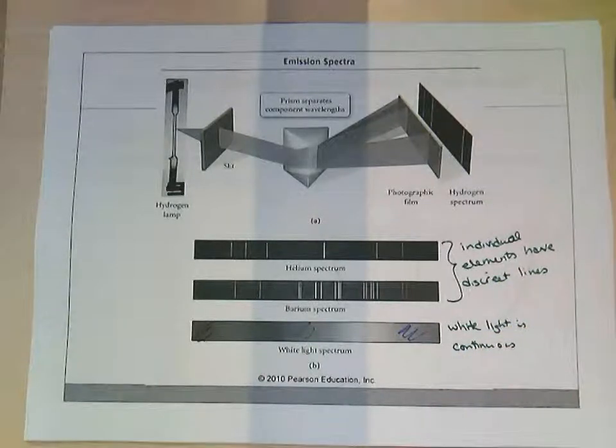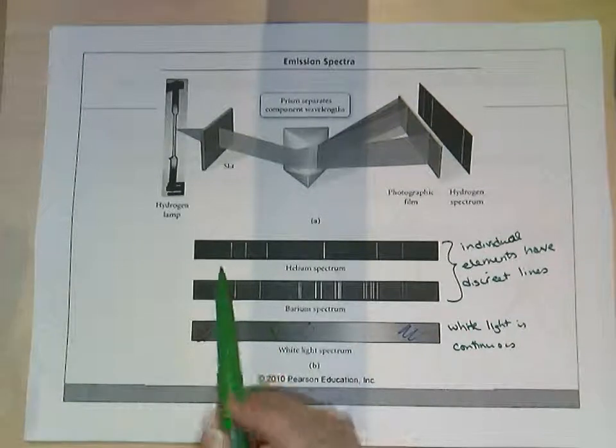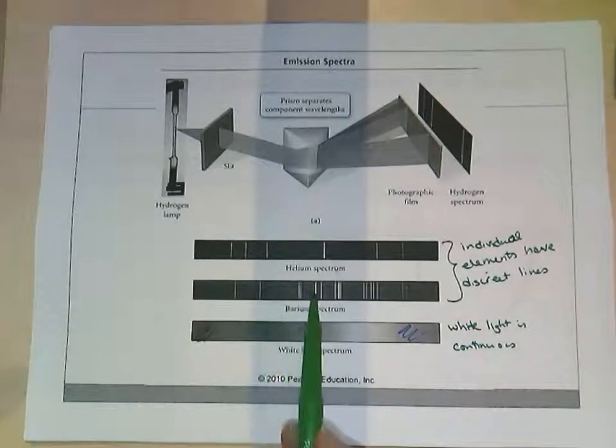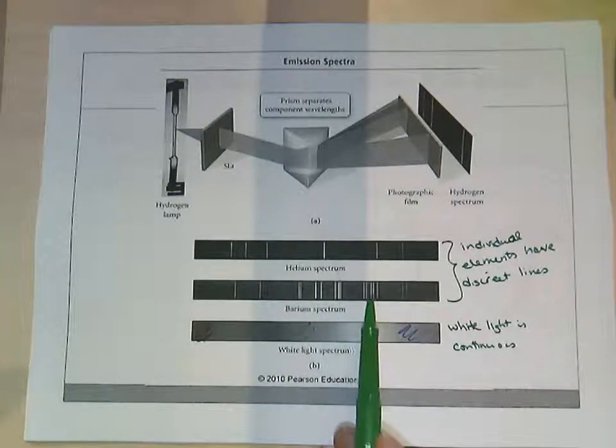But an individual element will have a discrete line. So we can see helium has 1, 2, 3, 4, 5, 6 lines. That's it. Barium has 1, 2, 3, 4, 5, 6, 7, 8, 9, 10, 11, 12, 13, 14, like 17 or 18 lines.